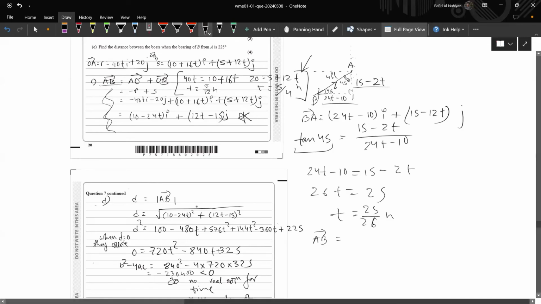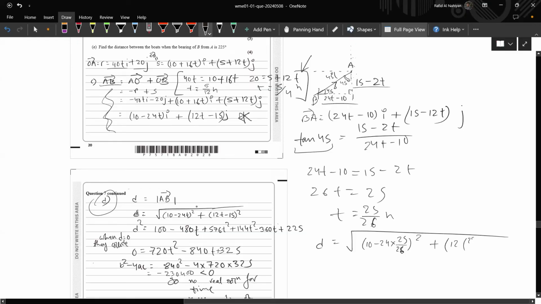And since I already did this in part D, I'm just going to take this distance. So D is root, and then 10 minus 24 times the value of t, 25 by 26, and then whole squared, plus 12 times 25 by 26, minus 15 whole squared. And now I'm going to put this straight into the calculator and see what my answer is.